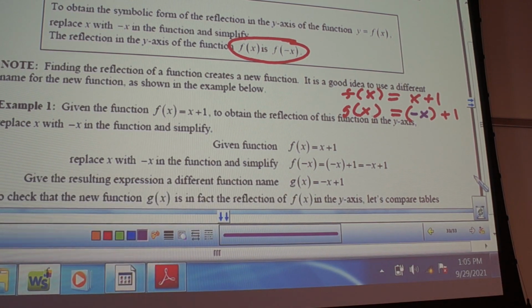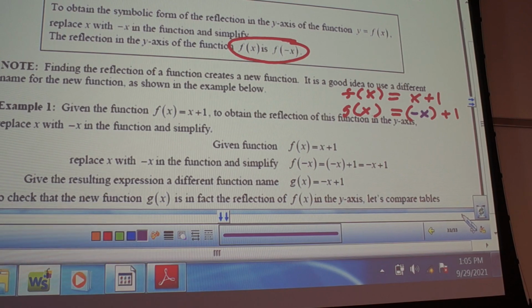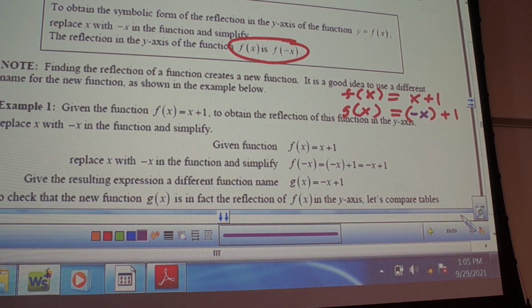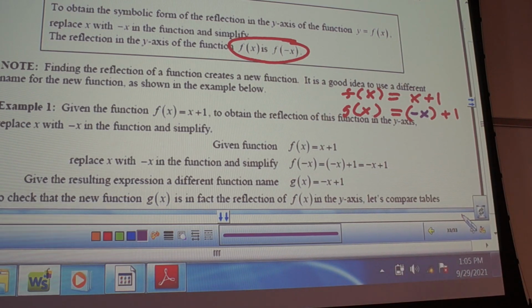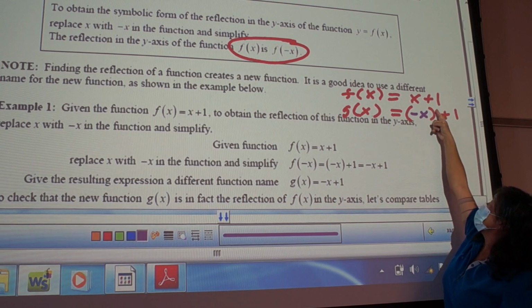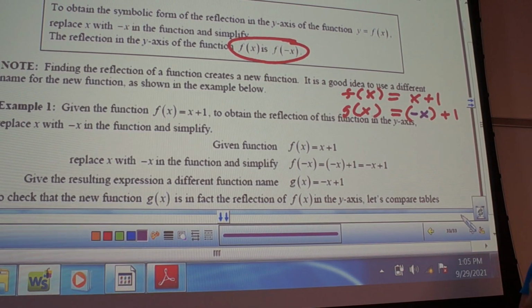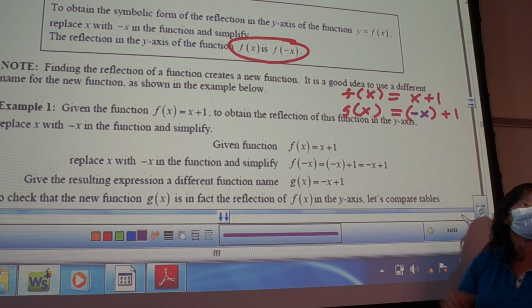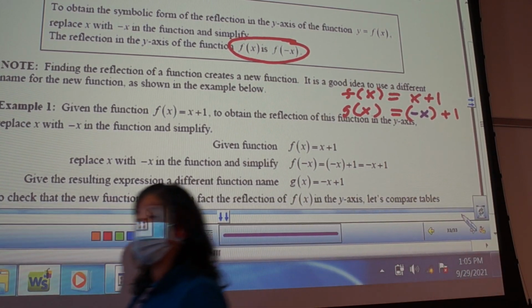Okay, so let's simplify that. How do I simplify that? When you have a parentheses, you need to see if there's anything acting on the parentheses. There are two places it could be acting: I could be multiplying something in front of it, or I could be raising it to a power. Am I doing either one of those things? No. So now I can remove it. Those are the rules for when you can remove a parentheses.